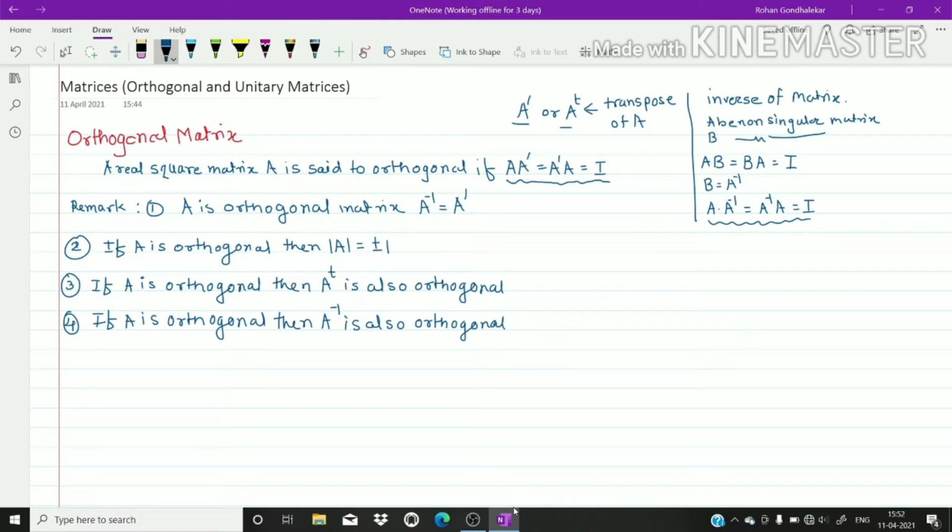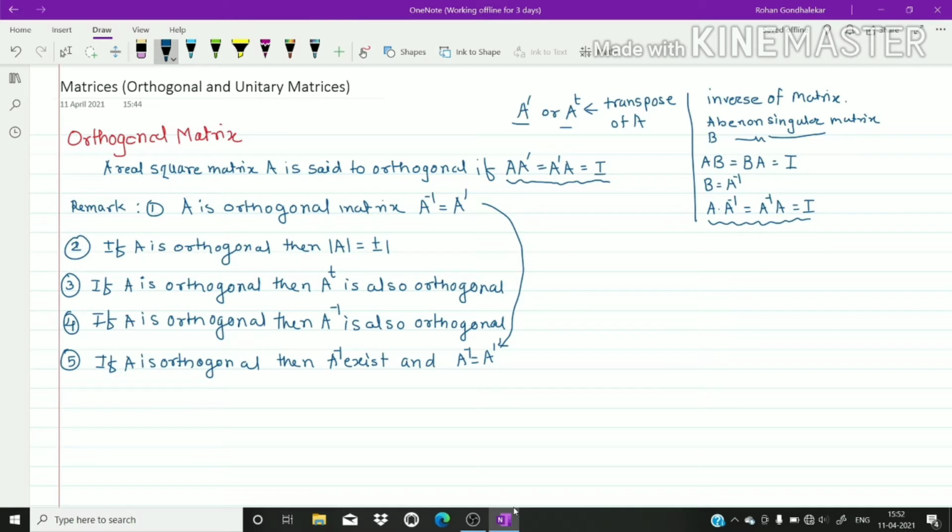And a very important remark, or you can say the property, if A is orthogonal, then A inverse exists and A inverse is equal to A transpose.